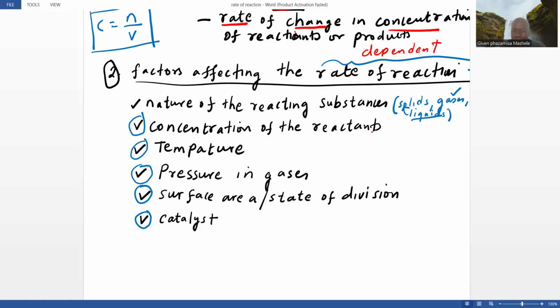There's something very important that I want to allude to here. Since I said these are the factors that are affecting the rate of reaction, the rate of reaction or the reaction rate is a dependent variable when compared to these. What does this mean? It means if we increase the concentration of the reactants, the rate of reaction will also be higher.